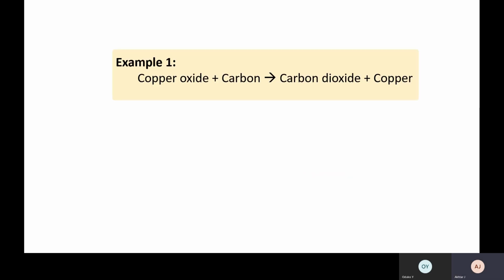Okay, right, we're just going to take this up to the next level by actually looking into the reduction of the metal in each of these reactions. If I do the first one as an example, you can try the others on your own. So you've got copper oxide plus carbon makes carbon dioxide plus copper.